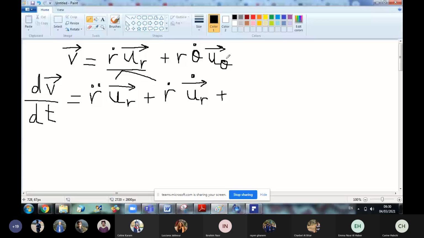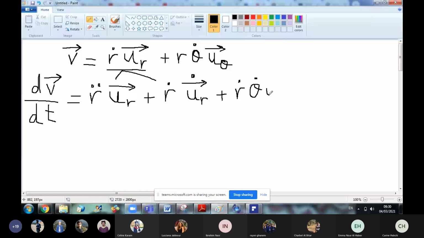Okay? So what will the first term be? The derivative of r with respect to time times the other variables, so the first term will be r dot times theta dot times u theta. This is the first term of the derivation.